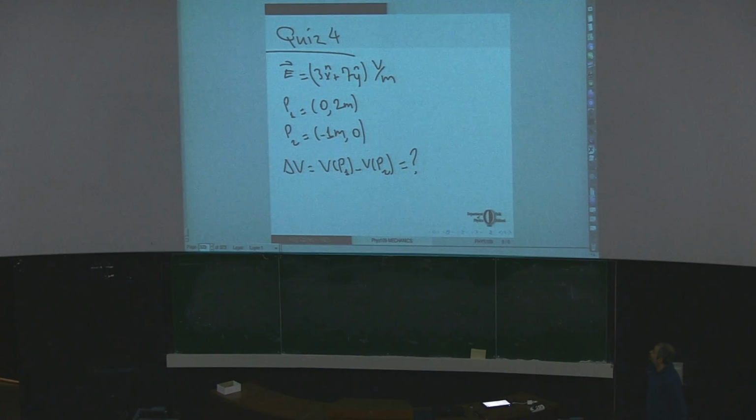Yeah, this is your electric field. You are given 2 points. What's the potential difference between those 2 points?